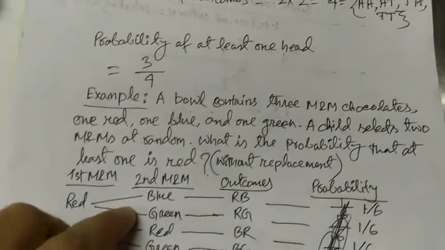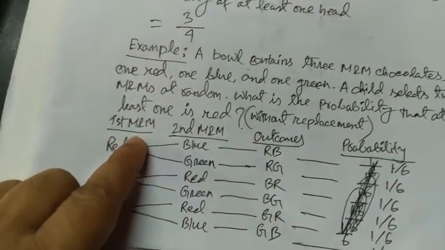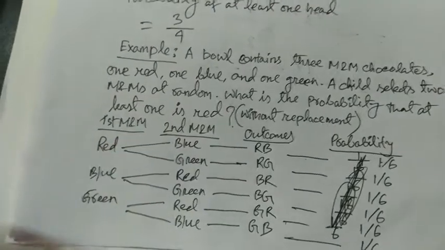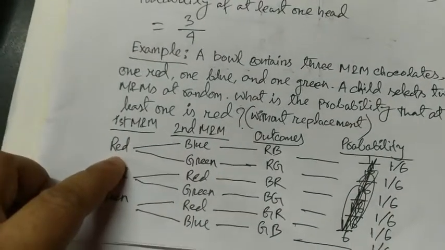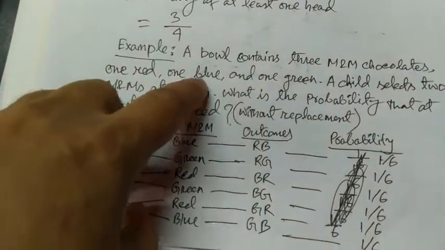So for the first M&M, when the child selects one chocolate, it can be red, blue, or green, because we have one red, one blue and one green.